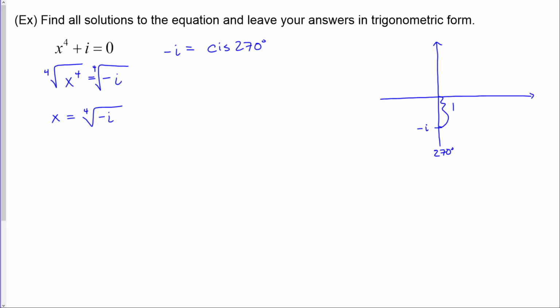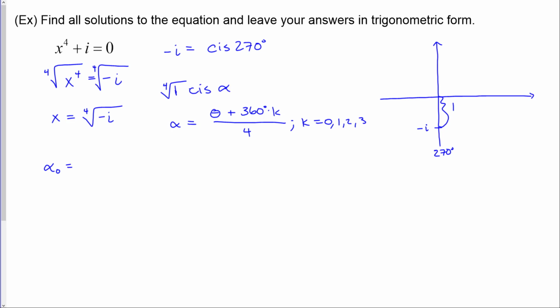Now what I need to find is all the fourth roots of r, which r is 1 in this case, cis some alpha value, and alpha is equal to theta plus 360 degrees times k divided by n, where n is 4, and k goes from 0 to 3 in this case, because k always goes from 0 up to 1 less than the index of your root.